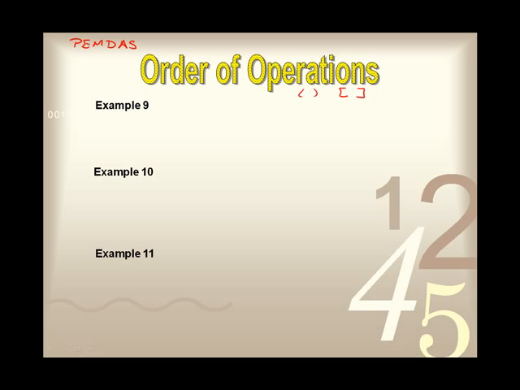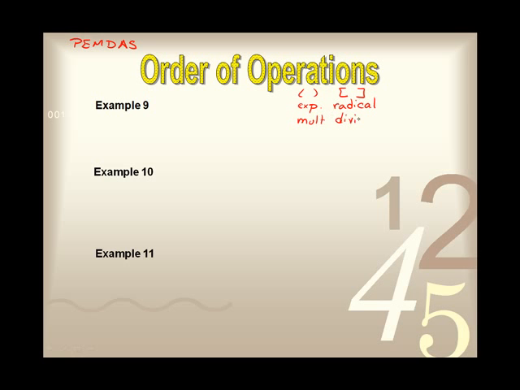Then your next step, the E, stands for exponents. Since we're in advanced Algebra 2 class, I'm also going to add in radicals. So exponents and radicals are in the same playing field. The M and the D in PEMDAS stand for multiplication and division.